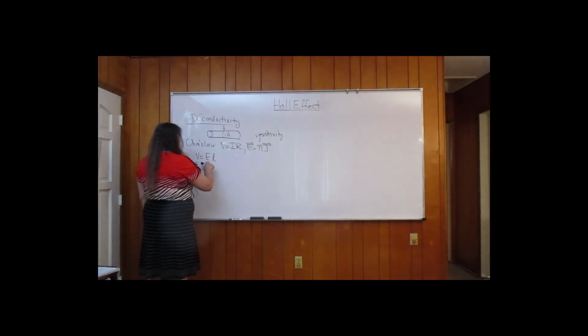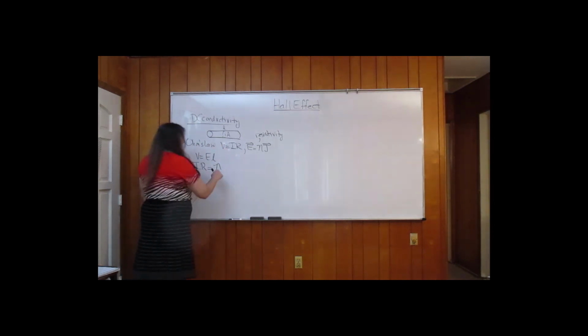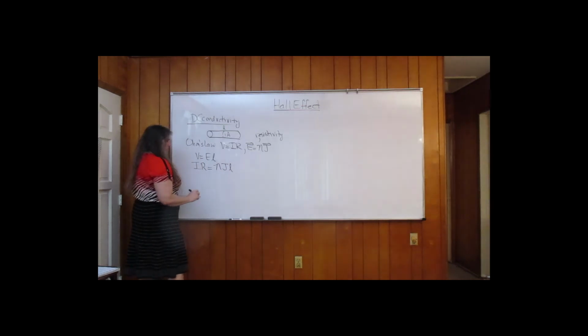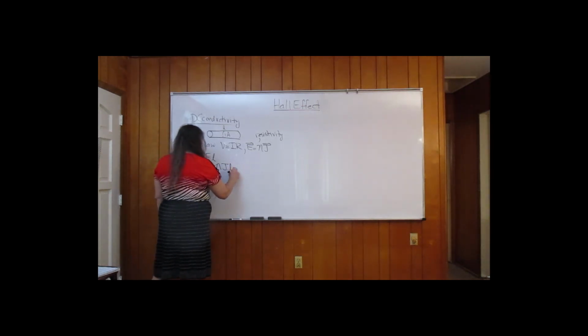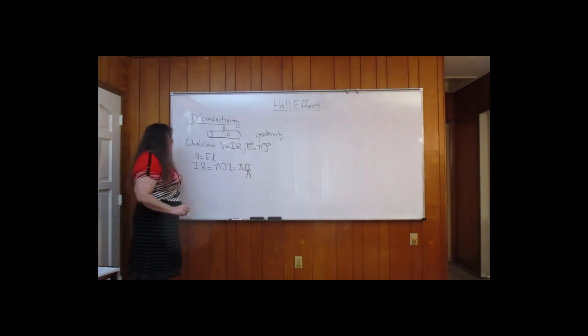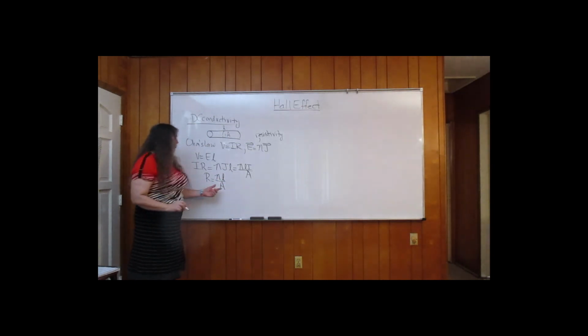And if I replace this electric field with this expression, resistivity times current density times length, and the current density is just a current per unit area, then resistance is just equal to the resistivity times the length of the wire divided by the cross-sectional area.